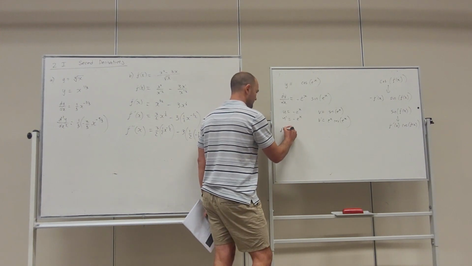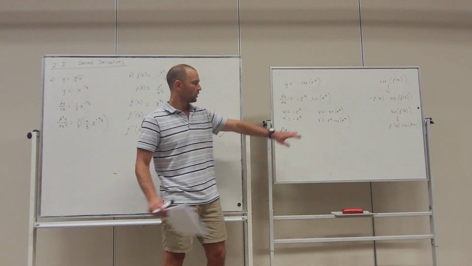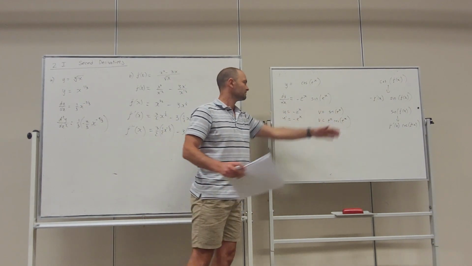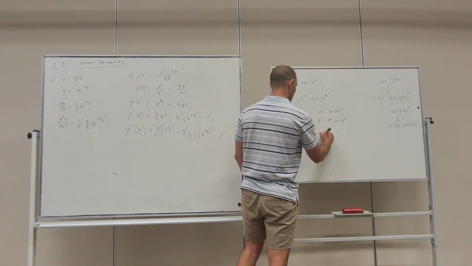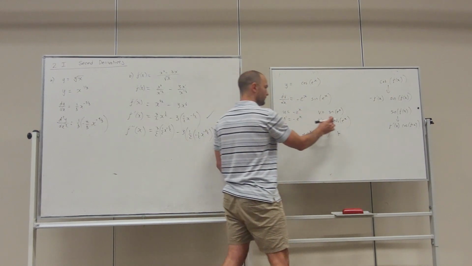So we'll answer the second derivative, d squared y on dx squared, u dash v plus u v dash.